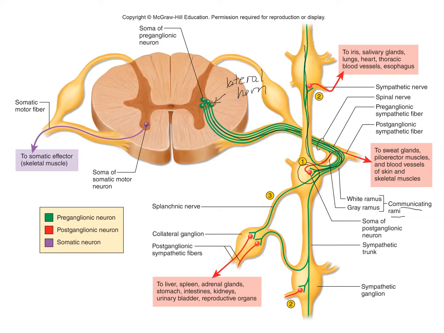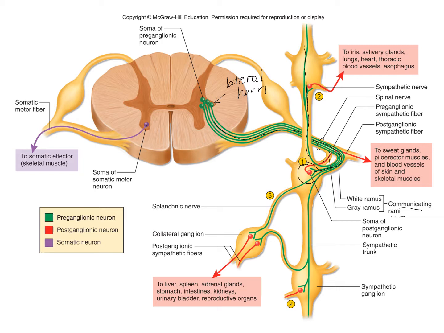So in general, you'll see axons either ascending to the iris of the eye, to salivary glands, to blood vessels within the neck, for example, or the thoracic cavity, for example.